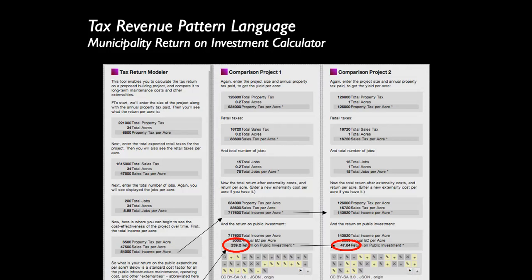And we simply took that methodology and said, could you apply something like that to a wiki tool that would give you that information so that you could go to the municipality and say, hey, this big box that you just approved out of town, they dangled a $1 million check in front of you and you thought you were doing great, but actually your return on investment is pretty crummy when you look at all the services you're going to have to provide, the infrastructure costs, the fire and police and everything else.